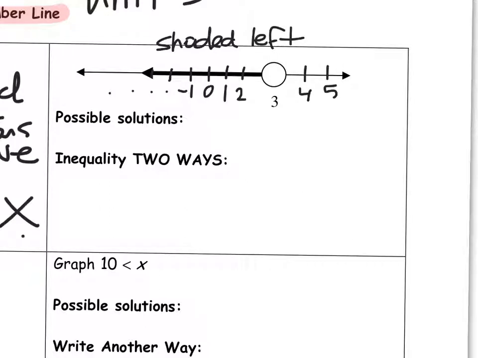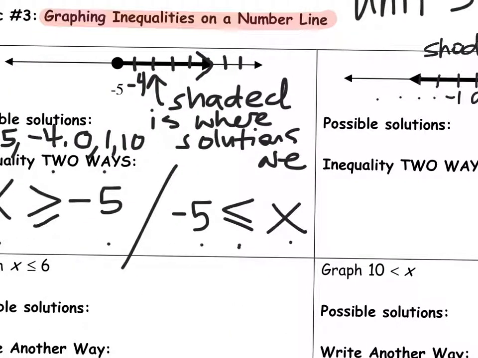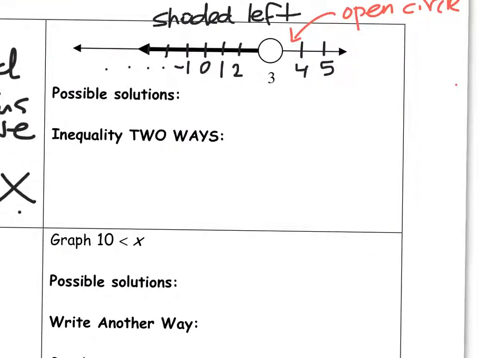Now something really special is happening here with the 3. It is an open circle. In the other example that we looked at, we had a closed circle. An open circle means that the number 3 is not a solution.